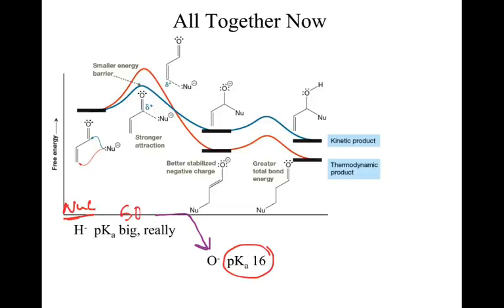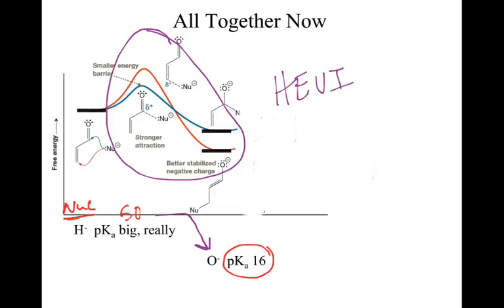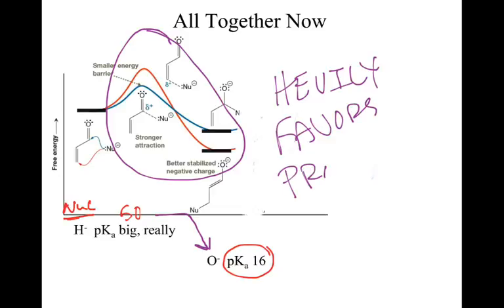So what does that mean? I'm looking at starting at 50 versus 16. We're looking at multitudes of orders of magnitude difference here, which means that very first step of the reaction heavily favors the products.